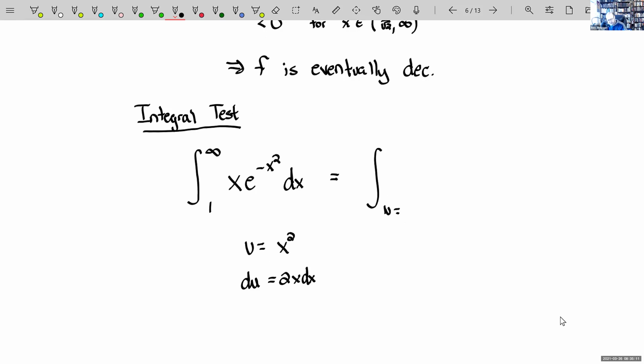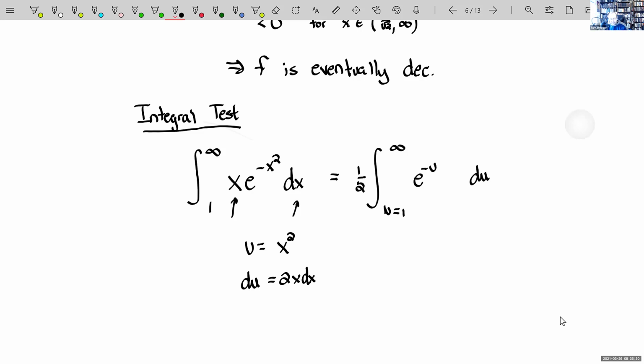Actually, I should write that. And when x goes off to infinity, well, so does u. And otherwise, let's see, I'm going to trade out an x dx for a 1/2 du, and then I have an e to the negative u.